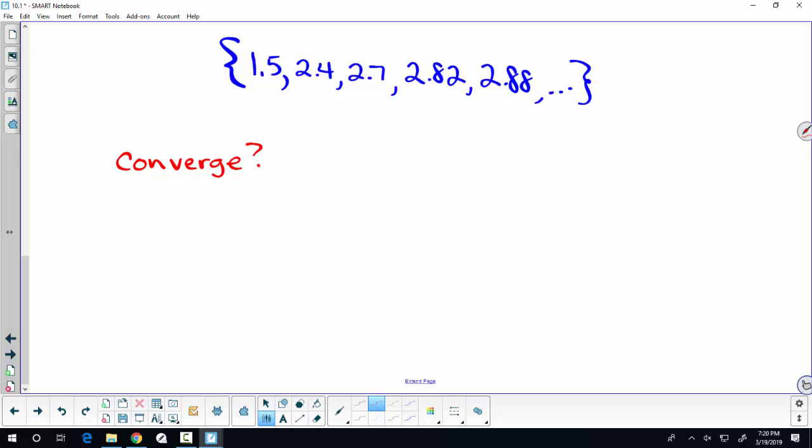Well, the way we can check convergence is to look at the limit at infinity. As that index gets larger and larger, what does that very far tail term get closer and closer to?